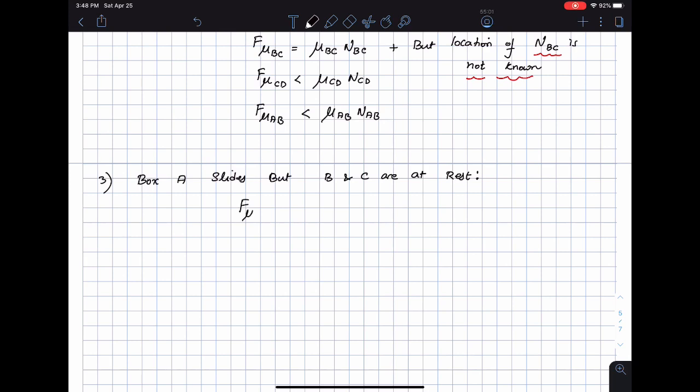F_AB is going to be mu_AB times N_AB. F_BC is going to be less than mu_BC times N_BC. And then F_CD is going to be less than mu_CD times N_CD, but the location of the force N_AB is not known.